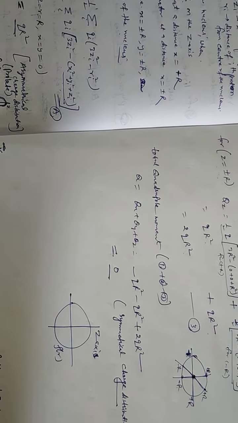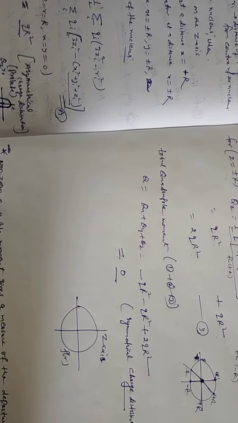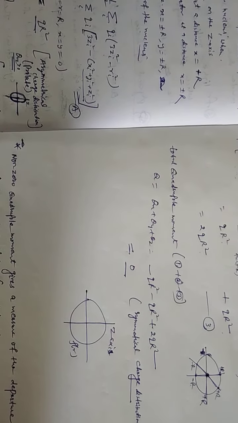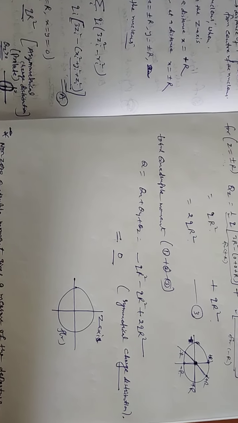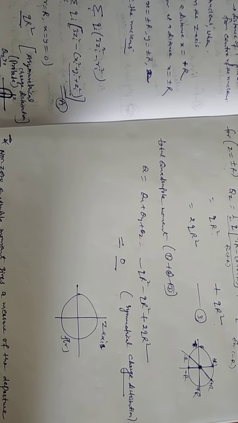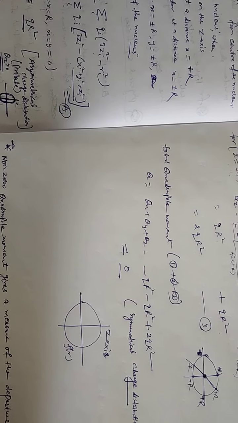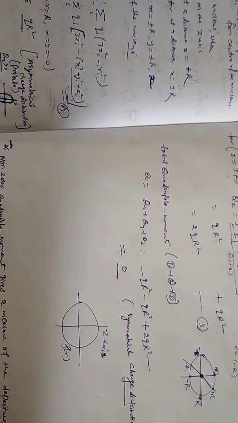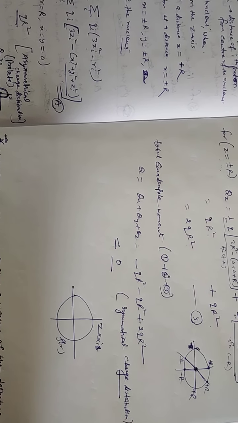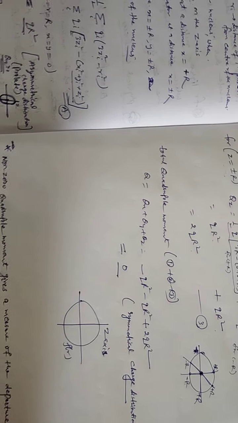In other words, conversely, if a nucleus has a non-zero quadrupole moment, then it indicates a measure of the departure of the nuclear shape from sphericity, which means if the quadrupole moment is non-zero, then the shape of the nucleus will no longer be spherical. Thank you.